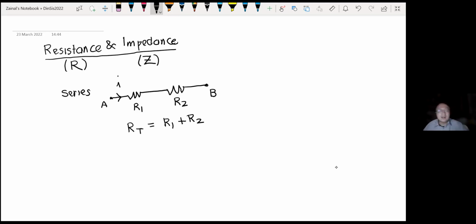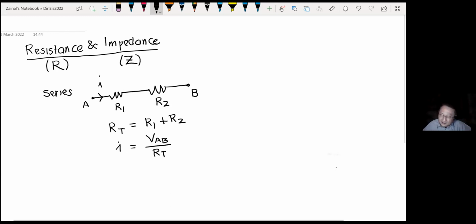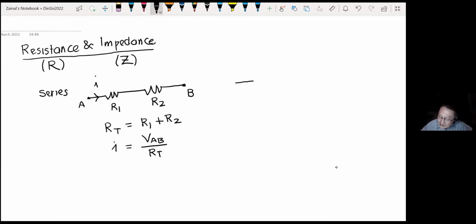And then you have the relationship that I is equal to VAB divided by total resistance. If you have three, it's just the same. This one is R1, R2, R3.